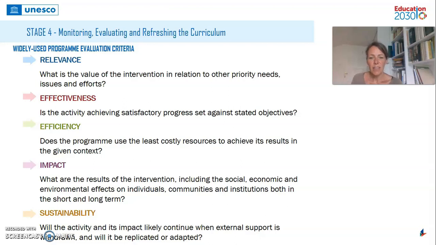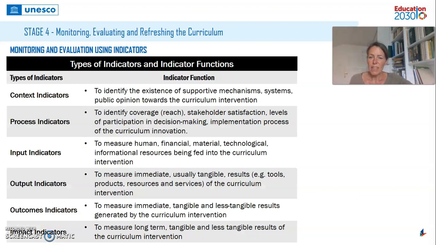The effectiveness is important, the efficiency in terms of costs and resources involved, the impact on the individual learners, but ideally even on the entire community and school community, and then the sustainability of the whole process. Does the momentum and the enthusiasm, for example, of integrating DRR in curriculum go beyond the pilot phase, for example? Here's a list of indicators.